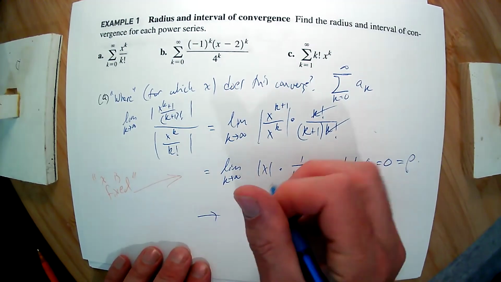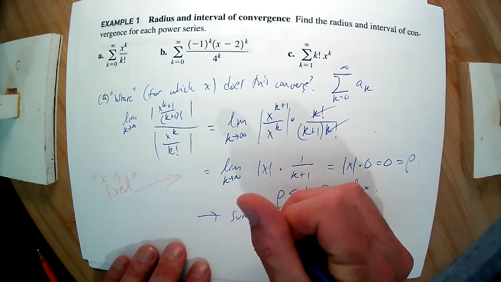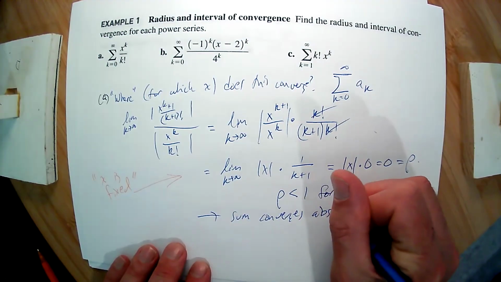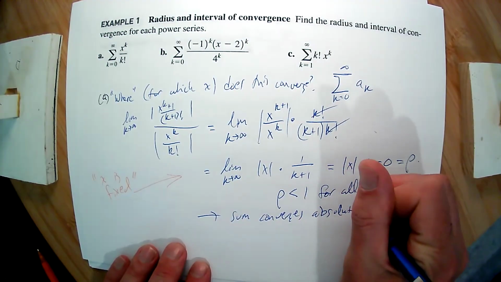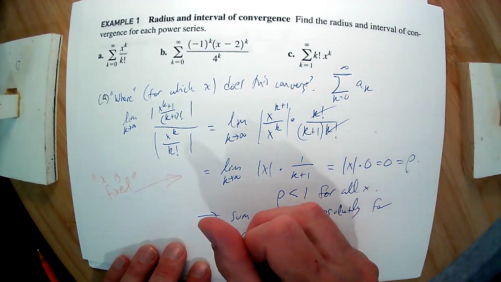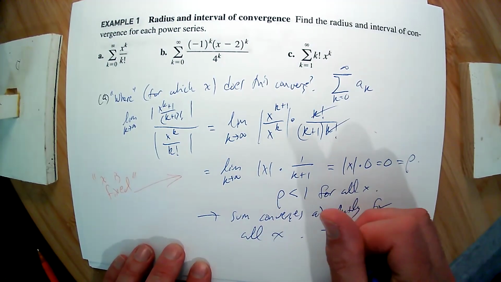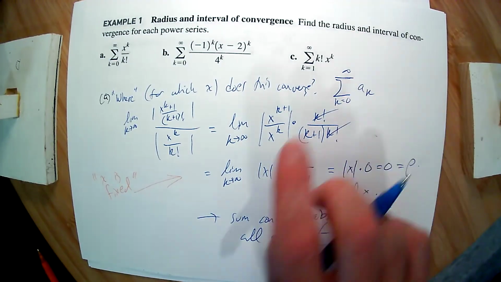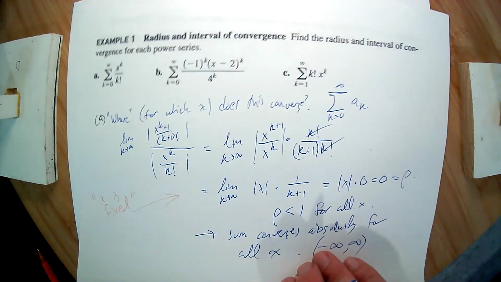That implies the sum converges absolutely for all x. So minus infinity to infinity is our interval of convergence. Let's do another one where we have to do a little bit more work. Looking at B here.